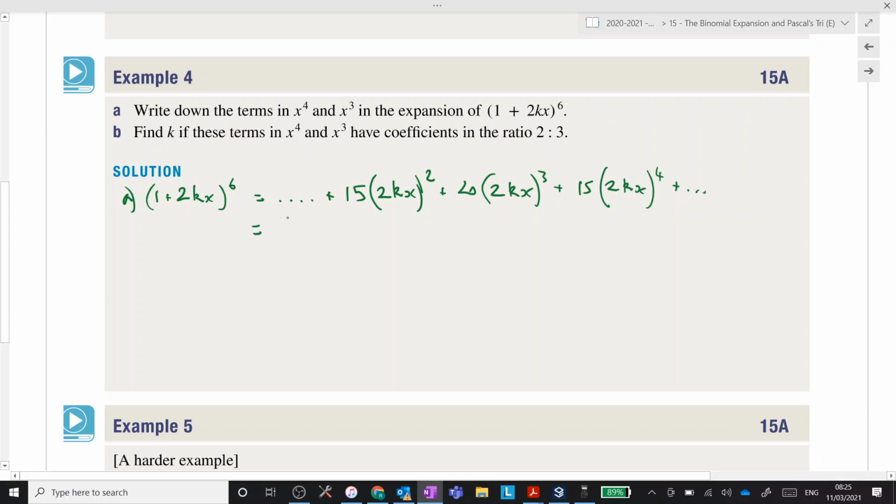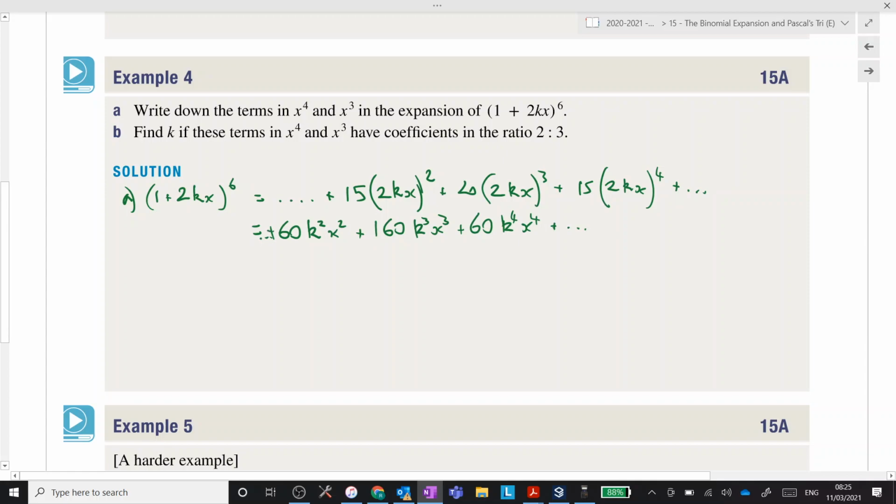Which gives you 60k squared x squared plus 160k cubed x cubed plus 60k to the fourth x to the fourth plus dot dot dot.